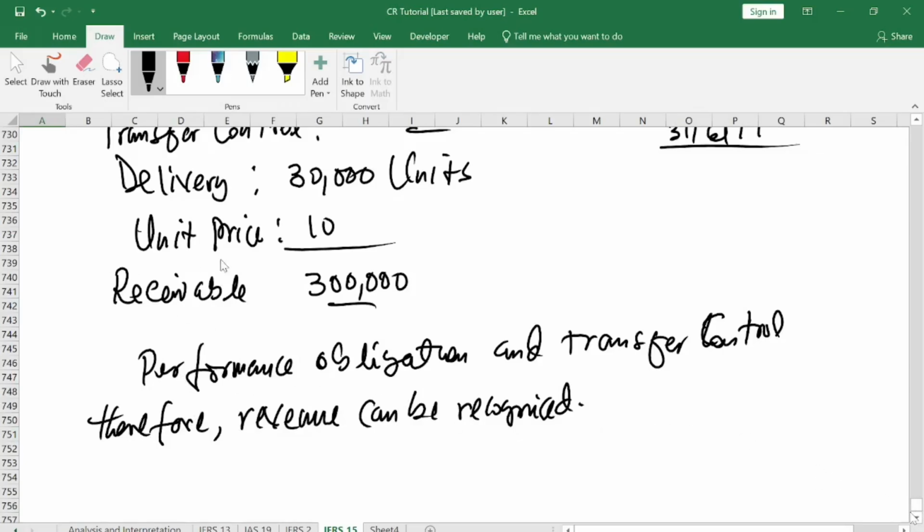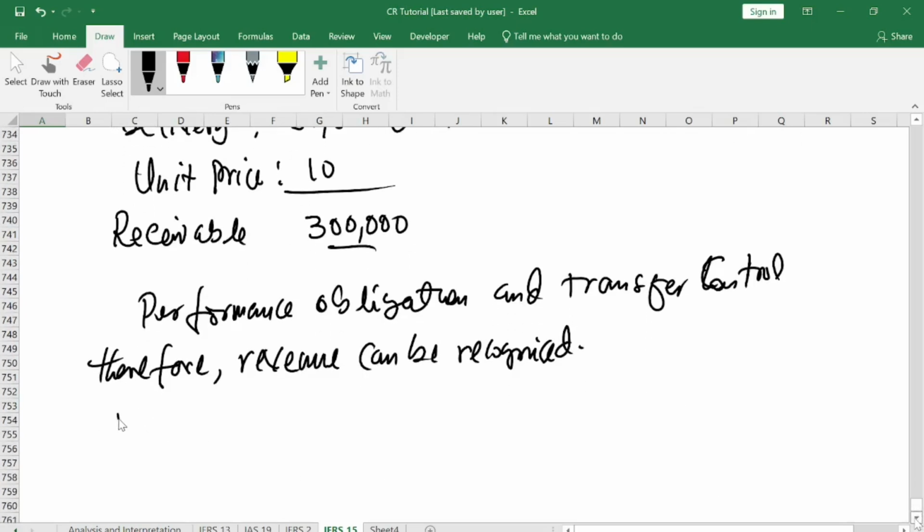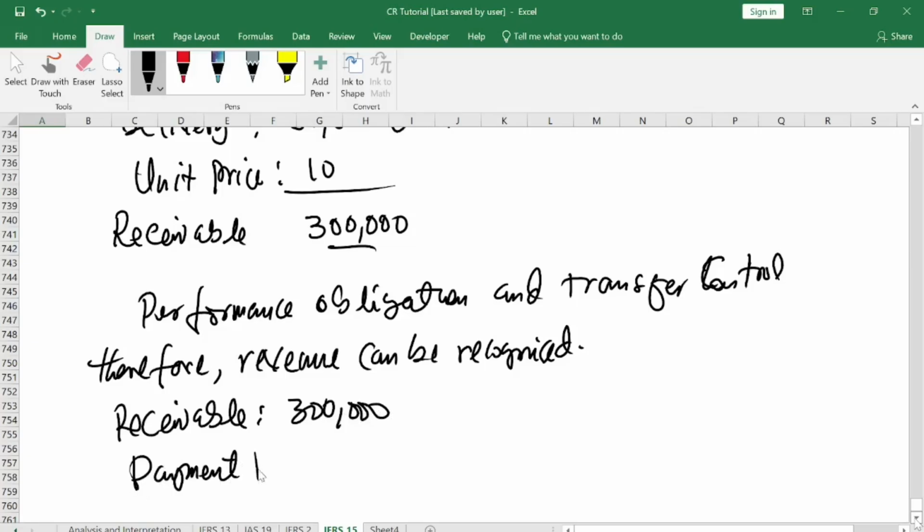Now, this revenue is a receivable of 300,000. And then the payment term is what? Payment term is 12 months.